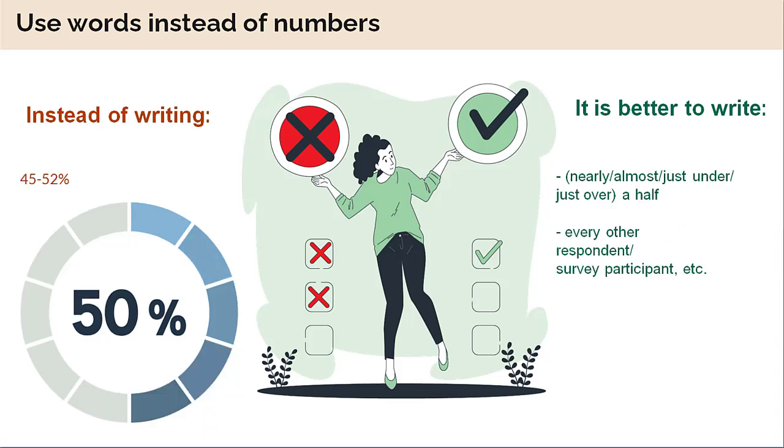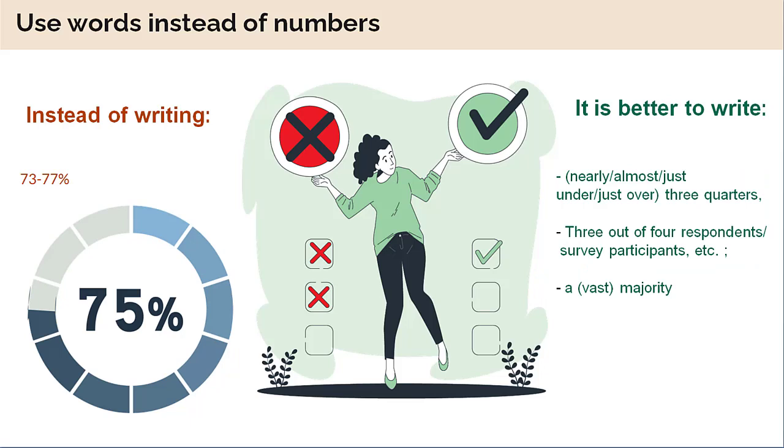For 52%, that's almost a half, or nearly a half, or just under a half, just over a half. Or another favorite of mine, every other respondent or every other survey participant.